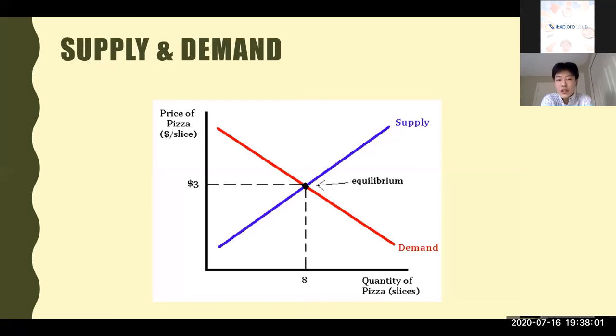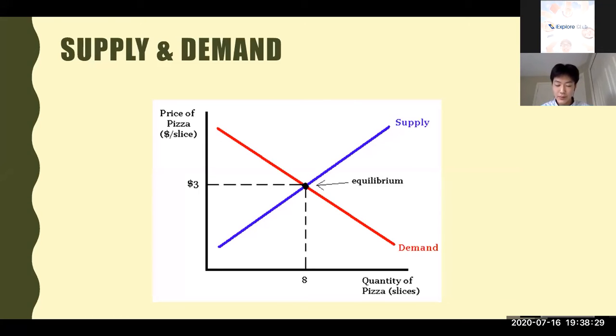So in this occasion, the supply and demand curves are being used to determine the most suitable price and quantity for both sides of this trade, the supply side and demand side. As you can see, these two lines intersect on the graph, and the intersection point is called the equilibrium.